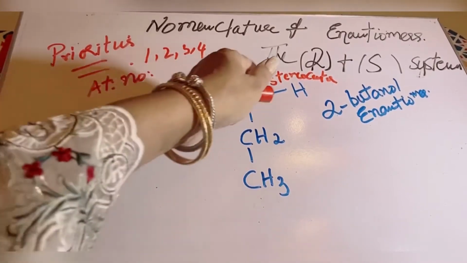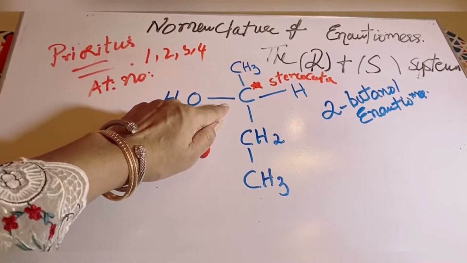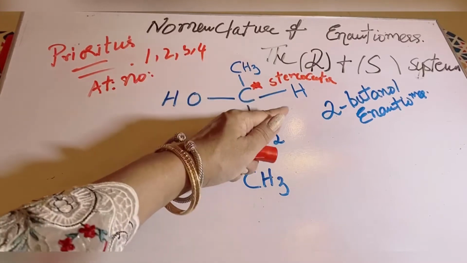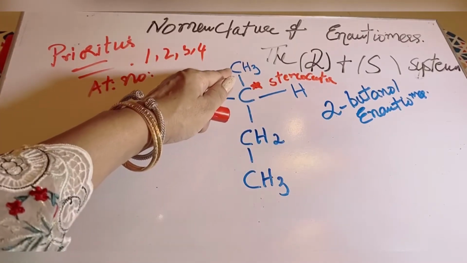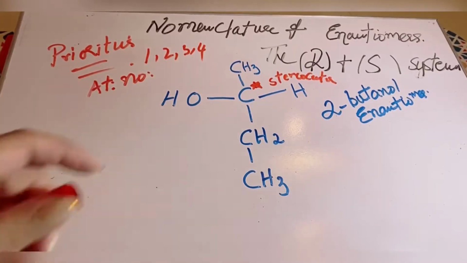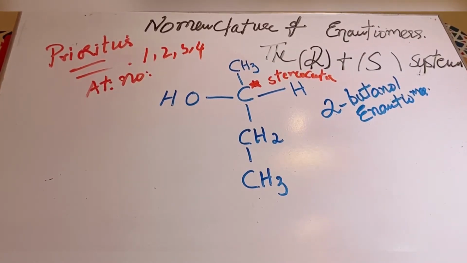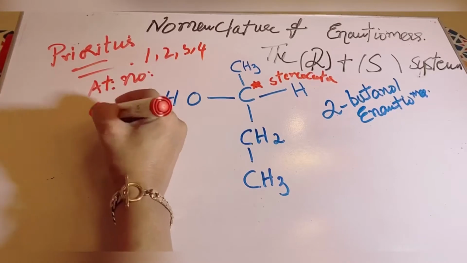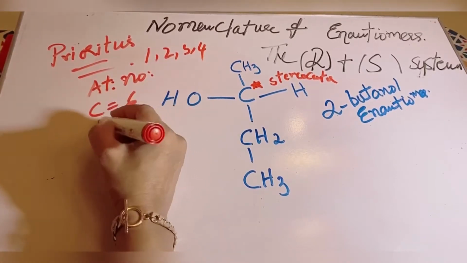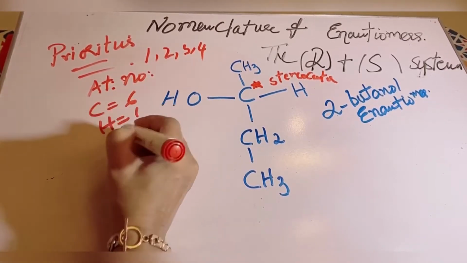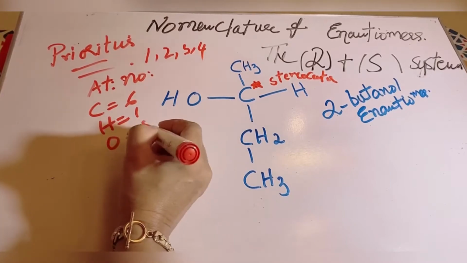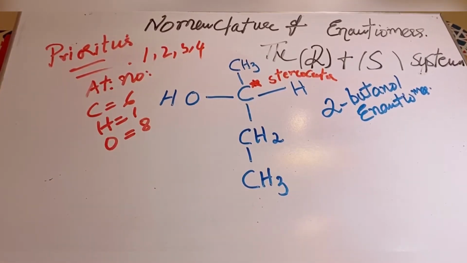So you are going to look for the atomic numbers of oxygen, then hydrogen, then of course this carbon. So let's check the atomic numbers. As you know, carbon has 6, hydrogen has 1, oxygen has 8. So these are the atomic numbers basically.